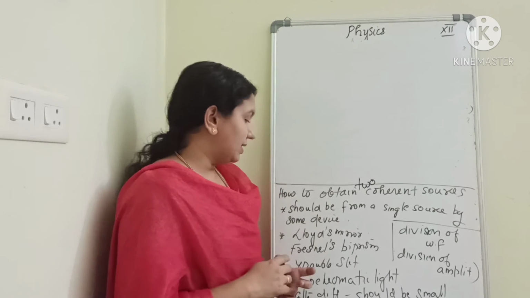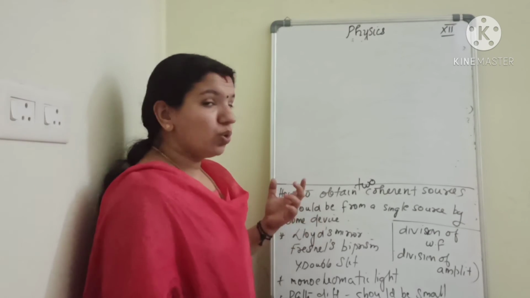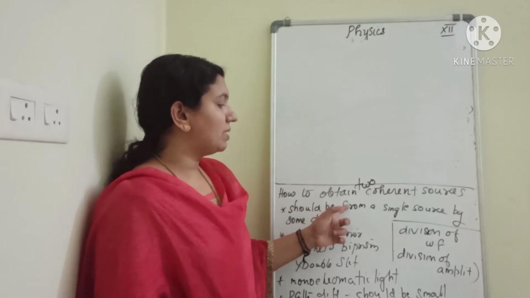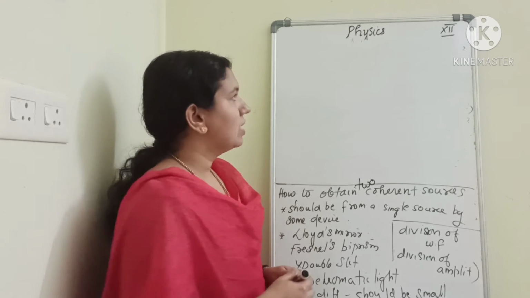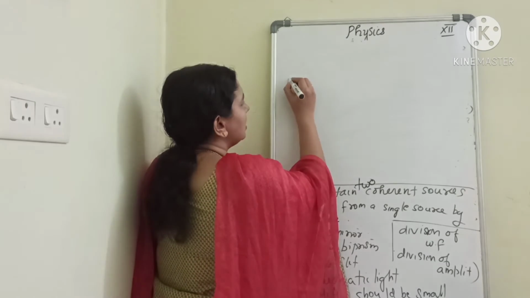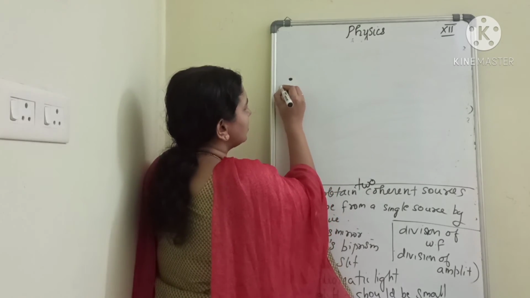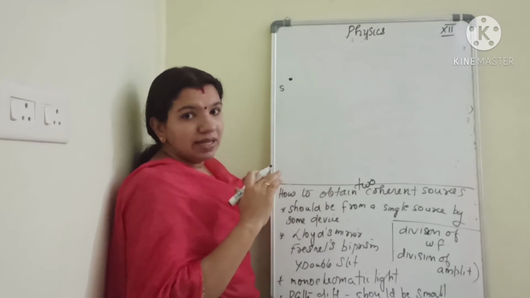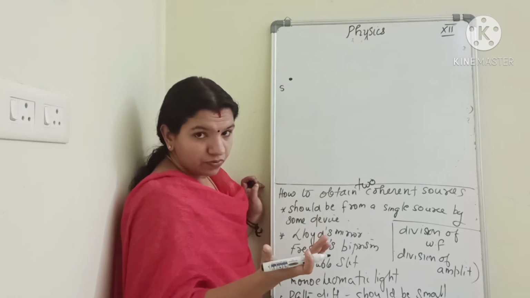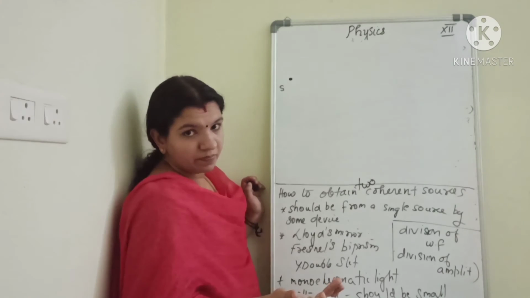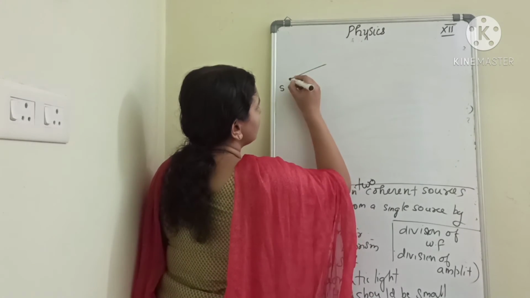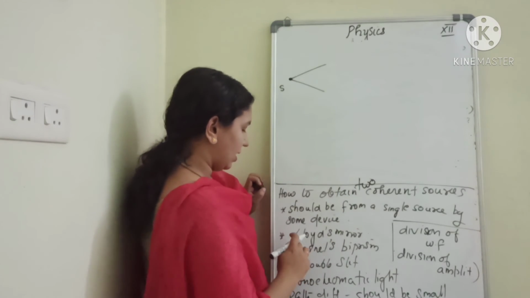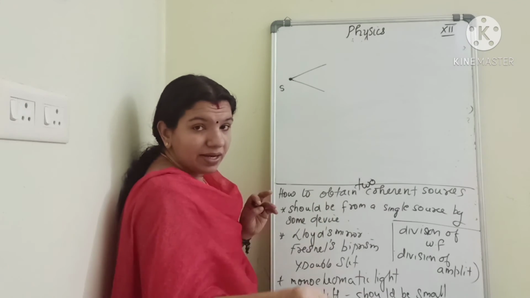So the first point is, the light should be from a single source by some device. What does it mean? That is, there should be a single main source from which the light starts to emit. Understand? Then, how can it be divided into two?